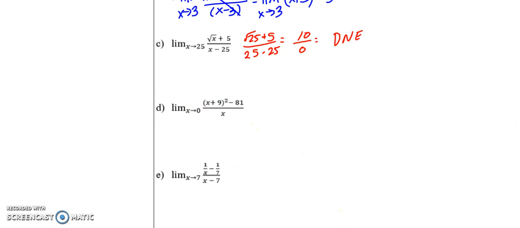Okay, so let's see here. Plug in. So 0 plus 9 squared minus 81 over 0. Well, over 0 is going to be a big indicator. Okay, there's something going on. Do we get does not exist, or do we get a 0 over 0? 9 squared is 81 minus 81, okay.